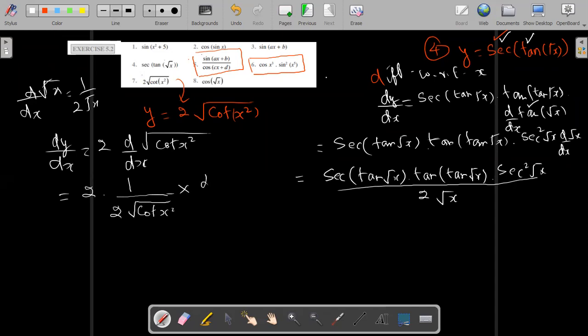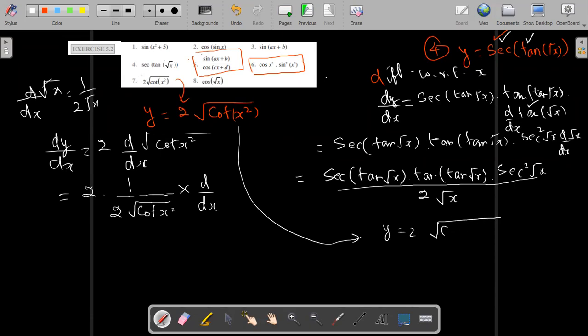Then inside you have cot. When you write this function, whenever you are writing the question, what will you write first? Root. This is a very easy way I discovered: if you write y is equal to 2 root, what is written first? Root.